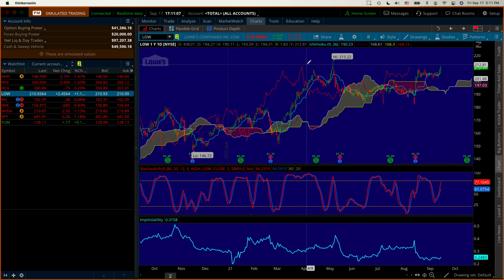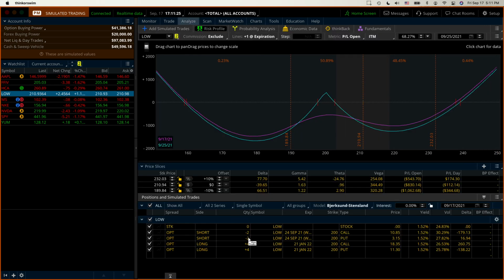Very, very close to breaking to a new high, intraday high. Not intraday, but outside, closing high is what we're looking for. It's at the edge there. If it does, it might break out harder.